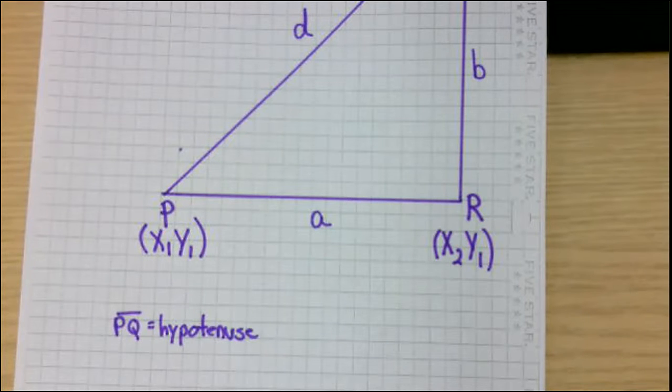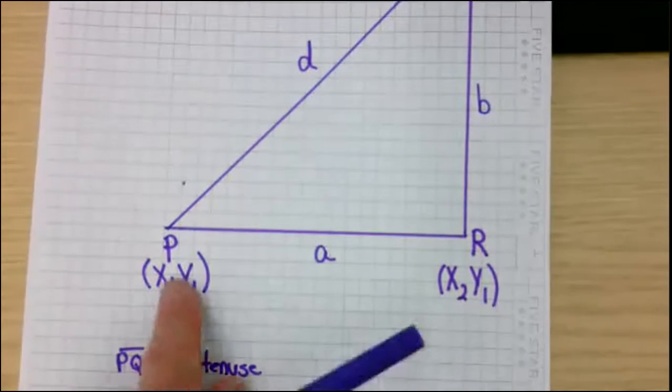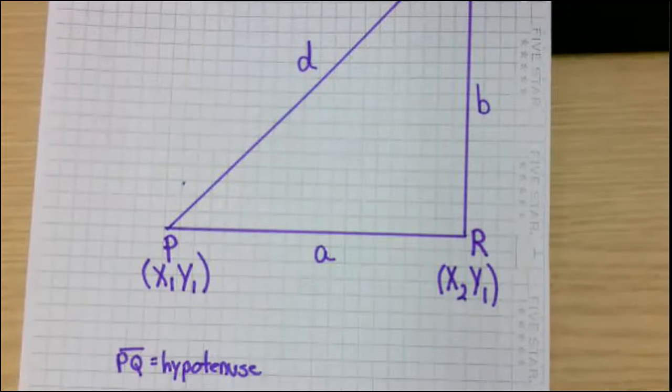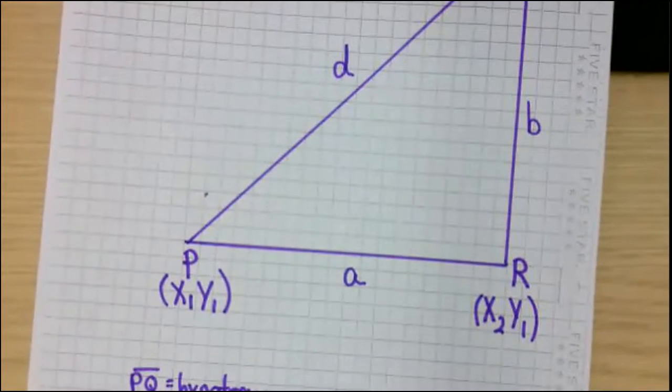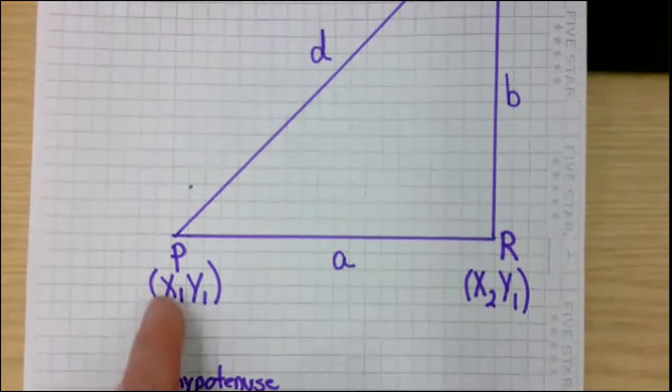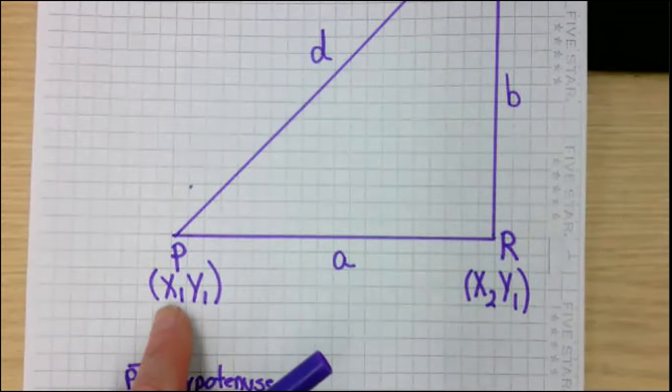B, since PR is a horizontal segment, its length A is the difference between its x coordinates. That's true. So here's its x coordinates. Here's point P. This coordinate, it's got a certain x coordinate and a certain y coordinate.